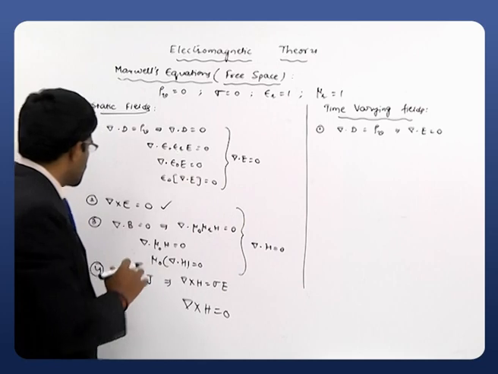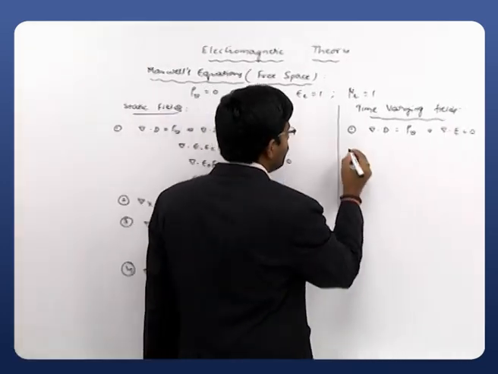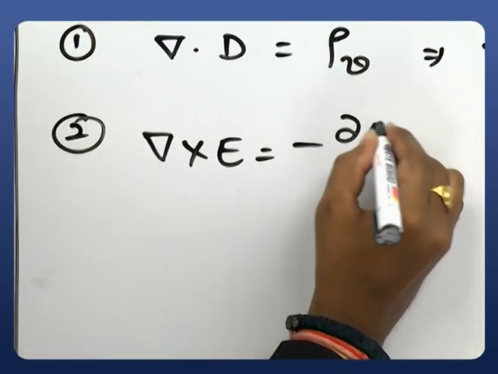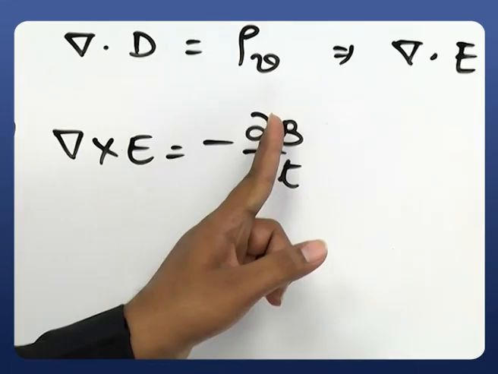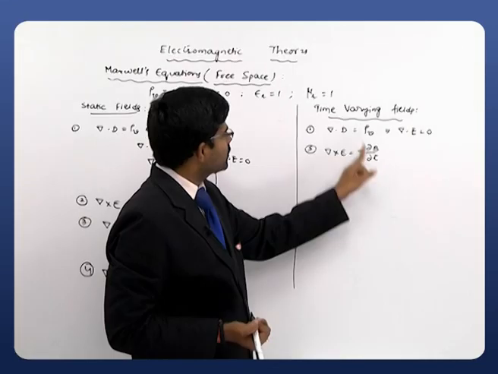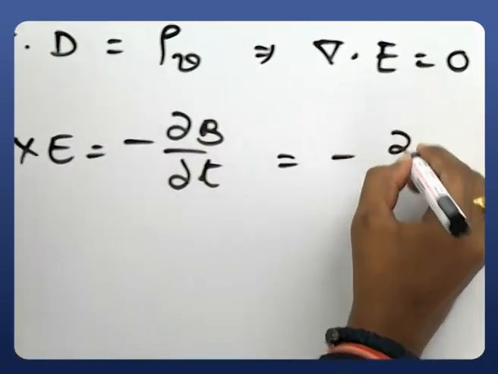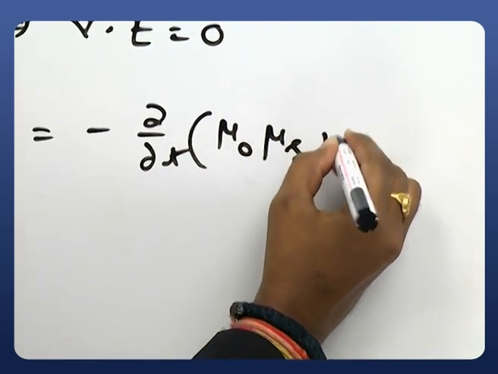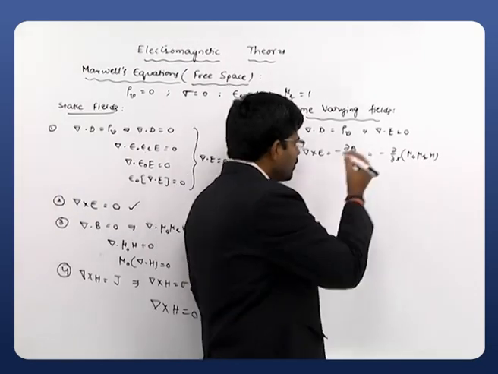And come to the second equation, del cross E is equal to minus dB by dt. Since we are considering a time varying field, in free space this B can be replaced with mu naught mu r H, where mu r is equal to 1 and mu naught can be brought out.